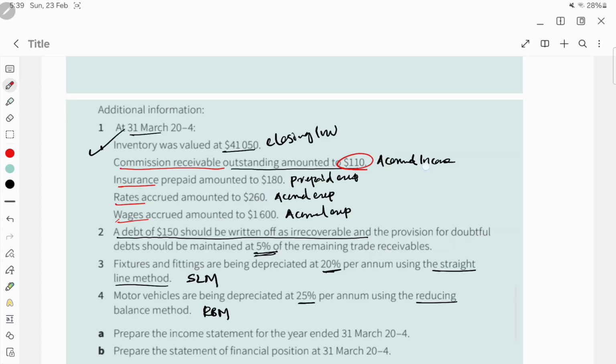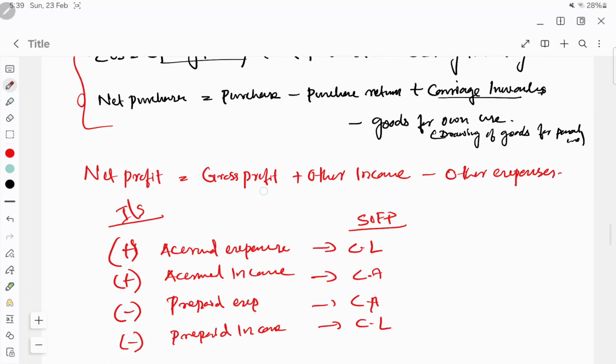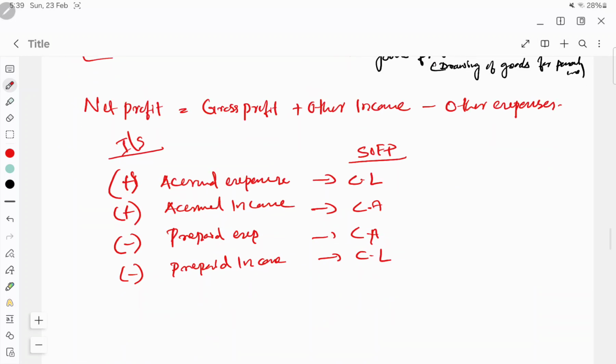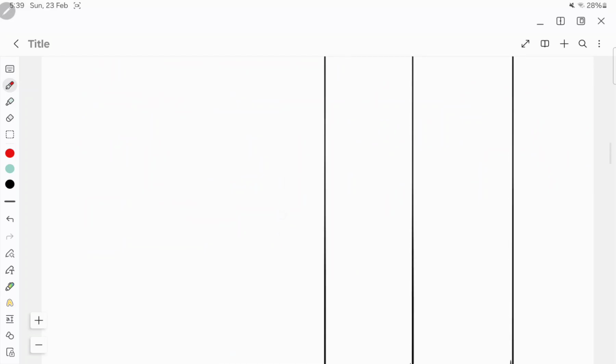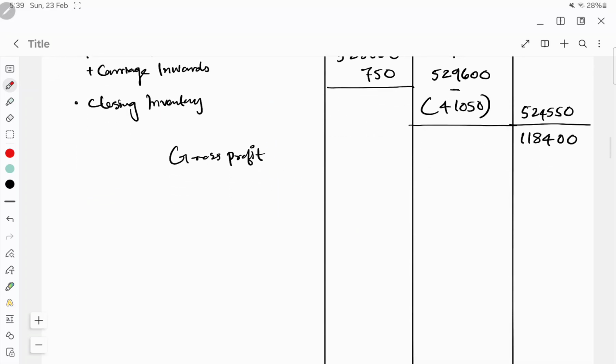It's accrued income. So as we know, all the accrued will be added. Okay, if it is expenses or income, both will be added. Accrued income will be added in the income statement, prepaid will be deducted. So I'm going to the next part. So add other income.